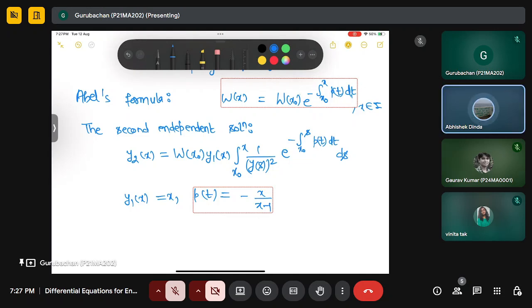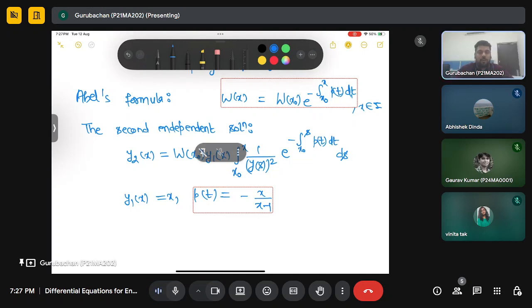Sir, is Abel's formula a special type of formula? If you have observed from the lectures, Abel's formula comes from the solution of the differential equation. We are taking its help because we know y1(x) and how we can find y2(x).